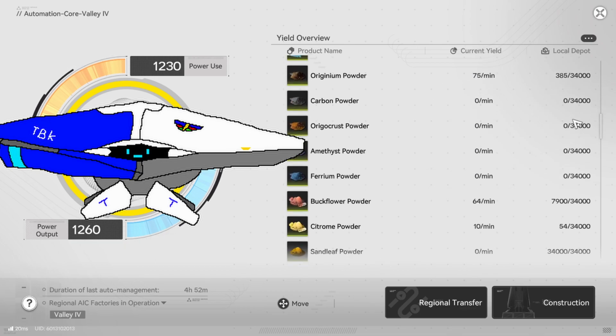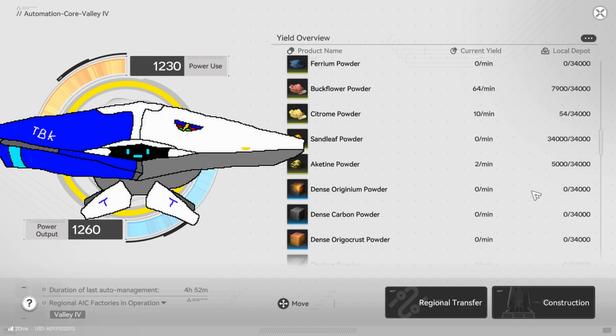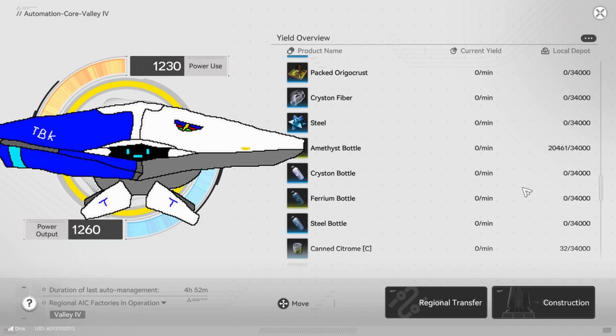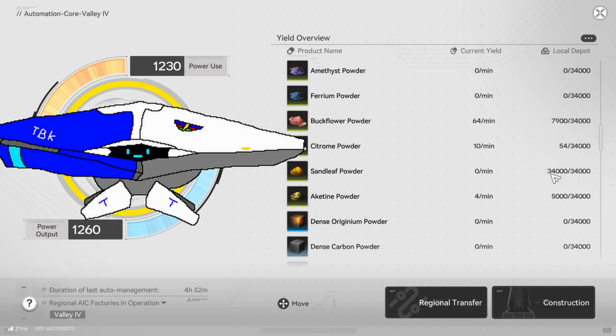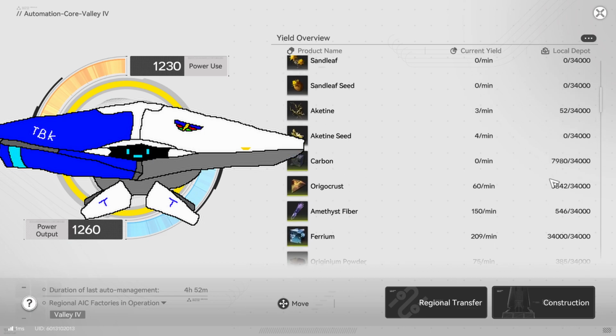Let's see how much storage we actually have. We currently have 34,000 for each unit, and 900 is way below our max efficiency threshold. So in theory, you should expand it so that you would fill up the whole thing. But you also need to remember that you need to make other stuff.